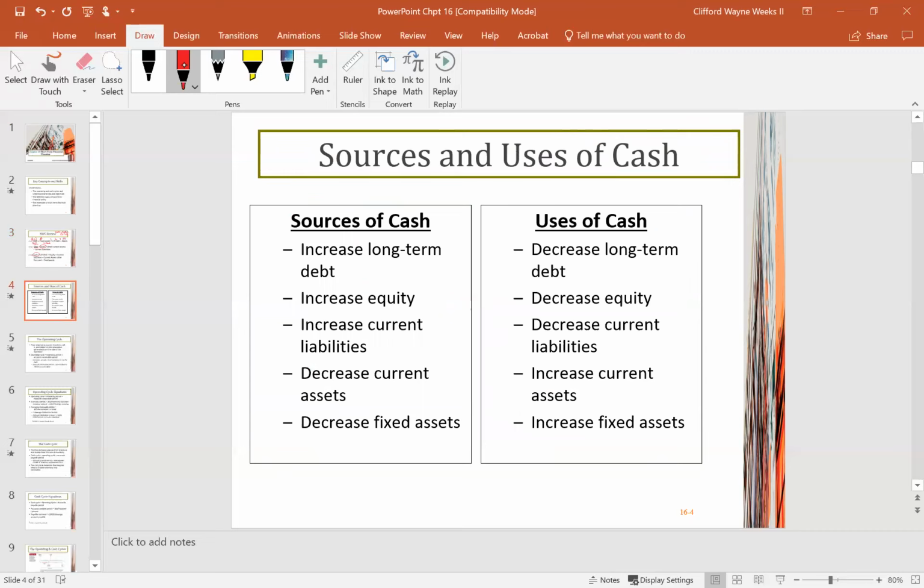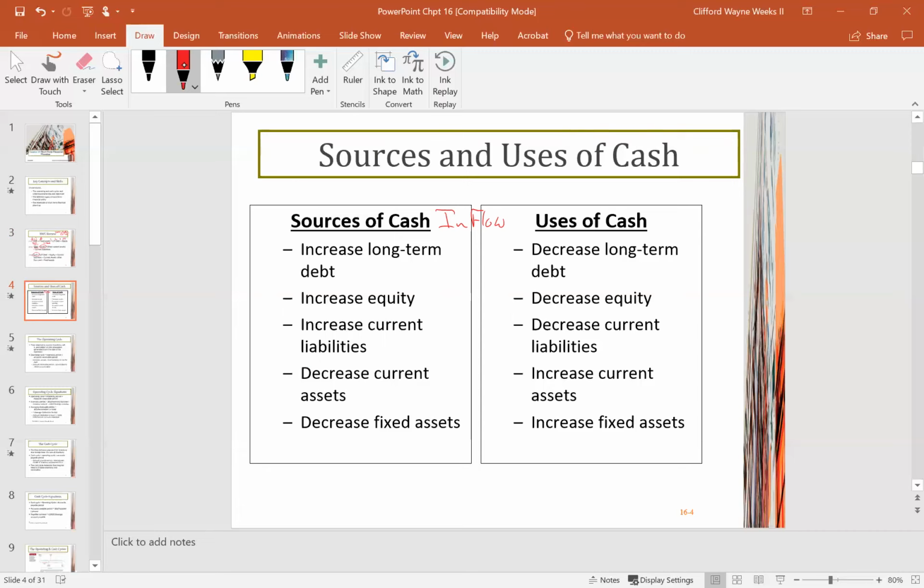So hopefully you can draw on your remembrance of the cash flow statement. Sources of cash are really cash inflows. So we can get cash by selling bonds, that's increasing long-term debt. We can get cash from selling stock.